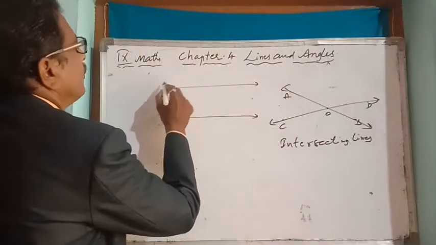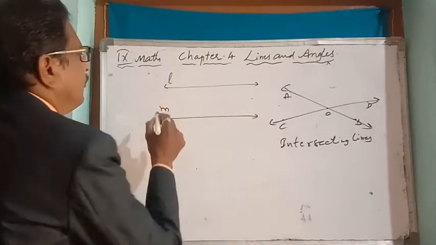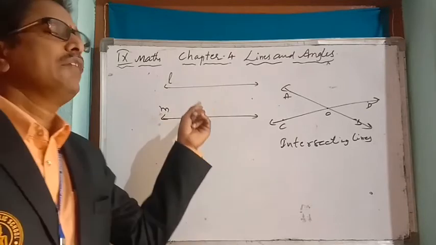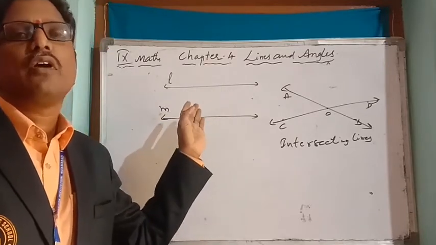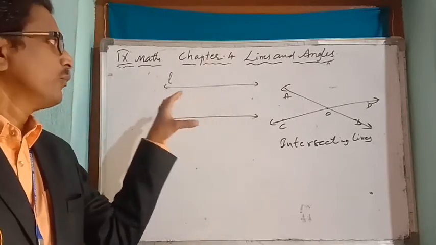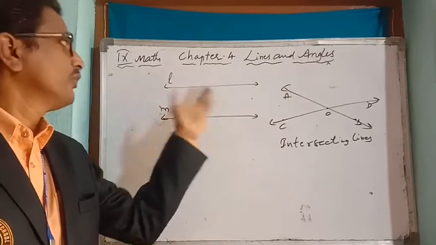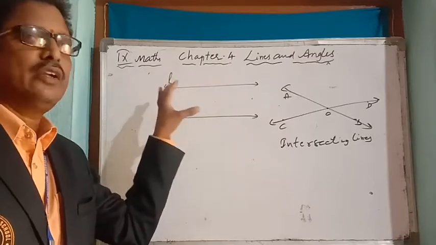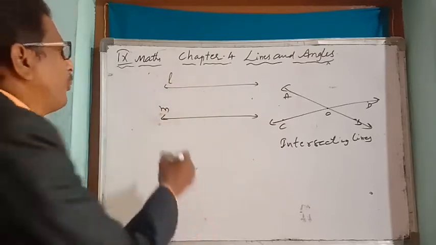But here, two lines L and M do not have a common point. Even when produced or extended on both sides, they do not intersect, so these lines are called parallel lines.